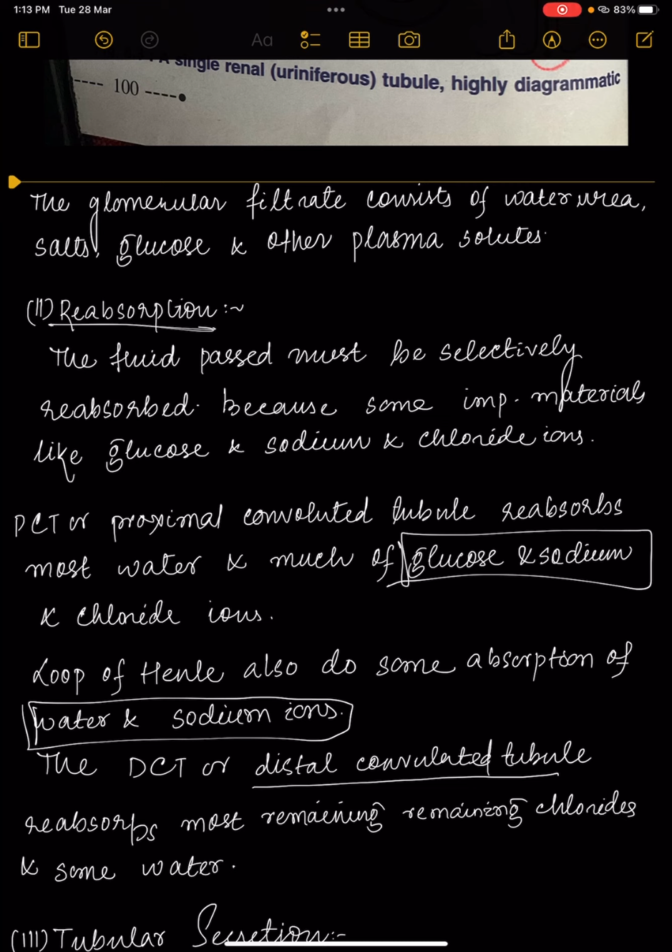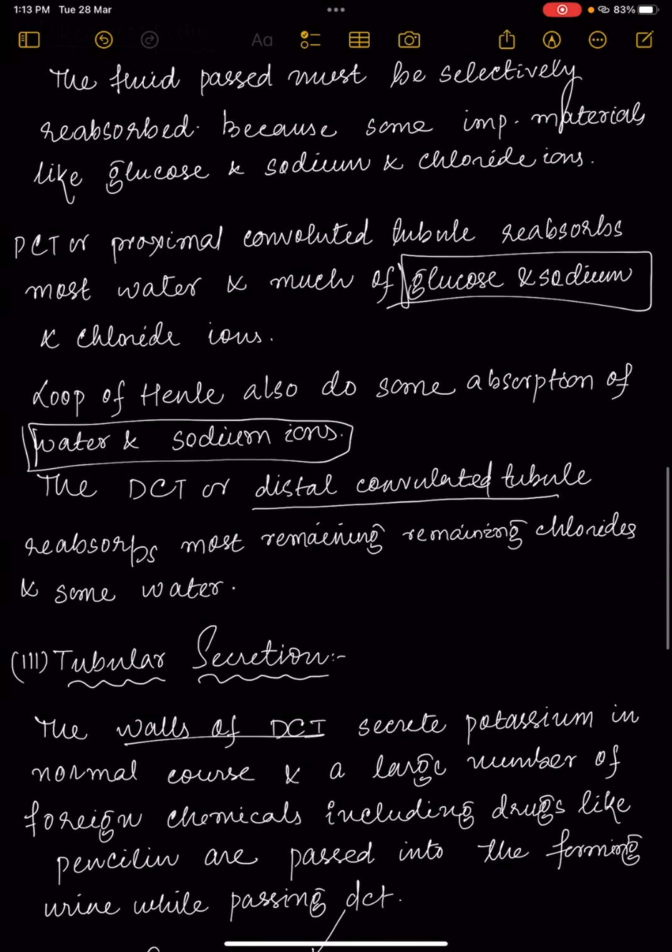The glomerular filtrate contains many important materials like glucose, salts, water and urea. We have to leave the urea and some of the soluble salts and reabsorb all the other things. Then the PCT, or proximal convoluted tubule, reabsorbs most of the water and much of the glucose and sodium ions.